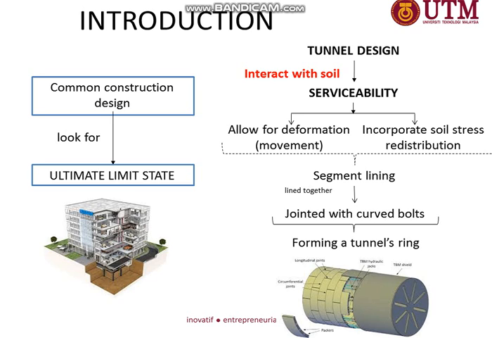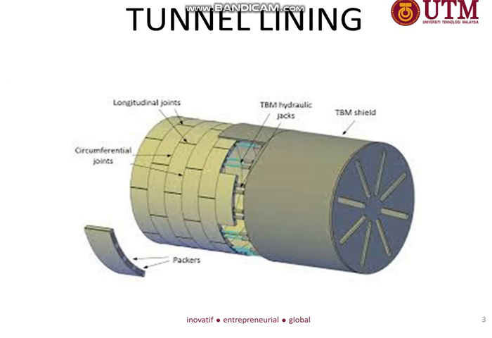That's why segmental linings are joined together with joints, not as a full continuous ring, but split into a few segments, and a few segments connected with joints form one tunnel ring.